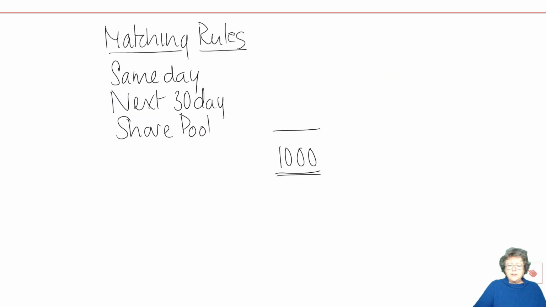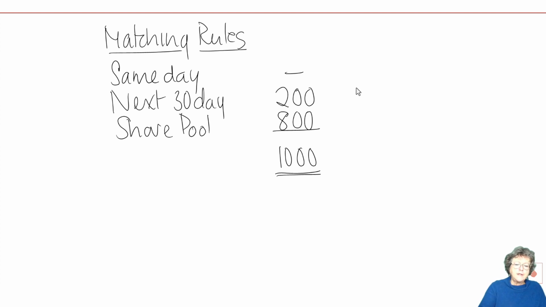So she didn't buy any on the same day. However, in the next 30 days, she did buy 200 shares. So we're going to match the cost of those shares that she bought in July with the shares that we sold. And then 800 of them will come out of the share pool.